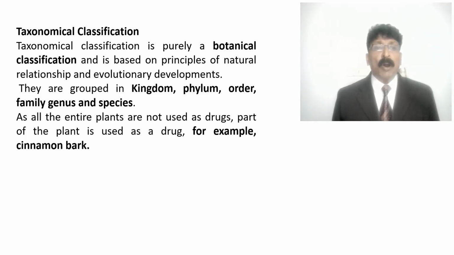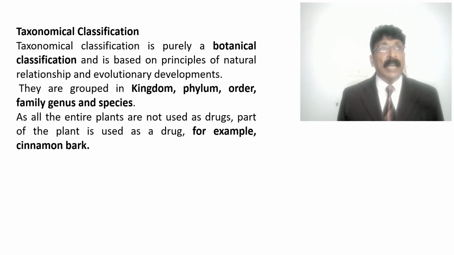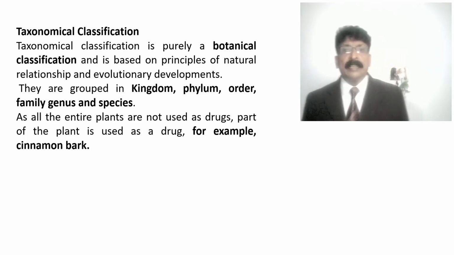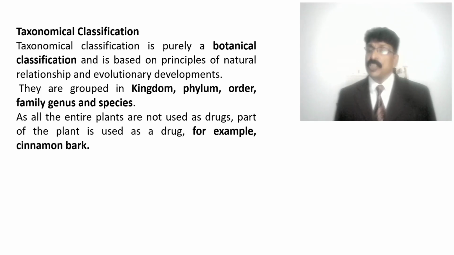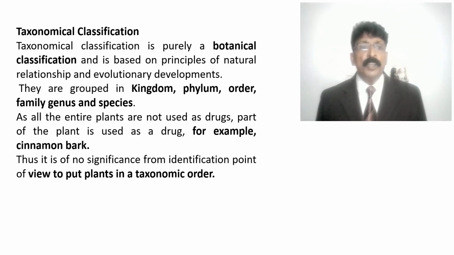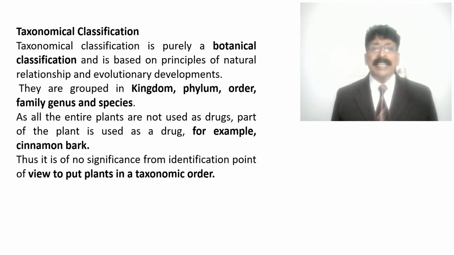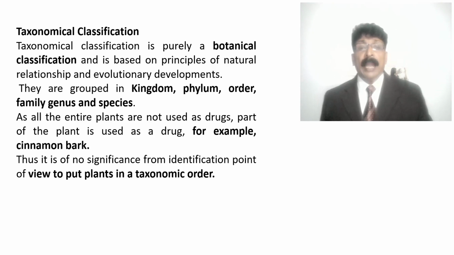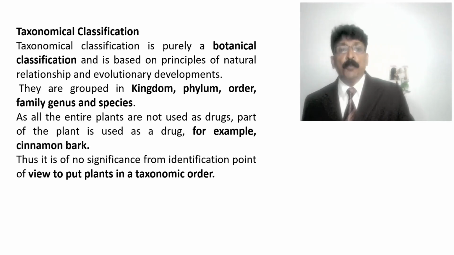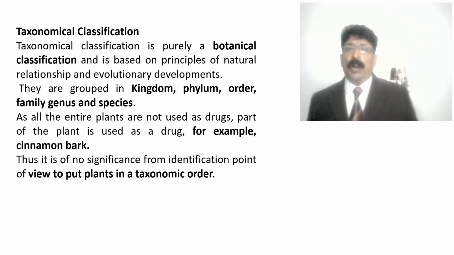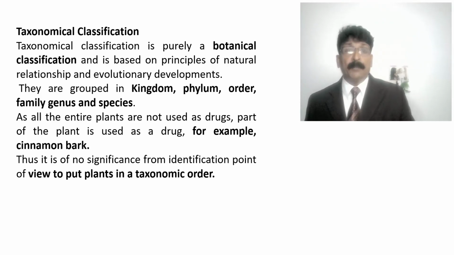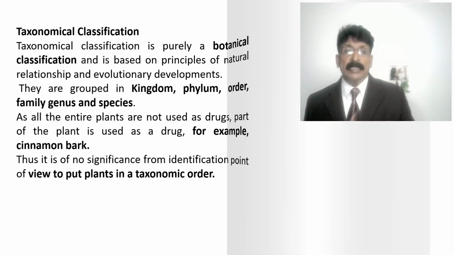As the entire plants are not used as drug, only a part of the plant is used as a drug, for example, cinchona bark. So it is of no significance from the identification point of view to put a plant in a taxonomic order. We are using only a part of the plant for medicinal use.